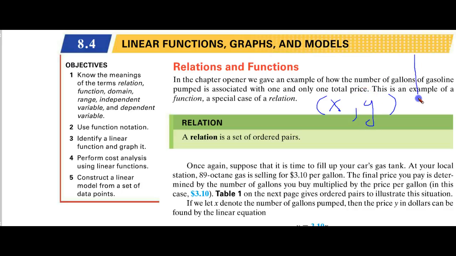And again, on a graph, the x-axis is this one, and the y-axis is this one. And as we saw with the price of gas, you had a line that was a direct variation.